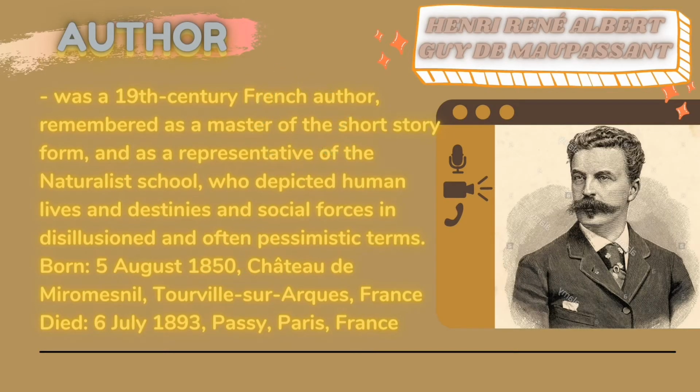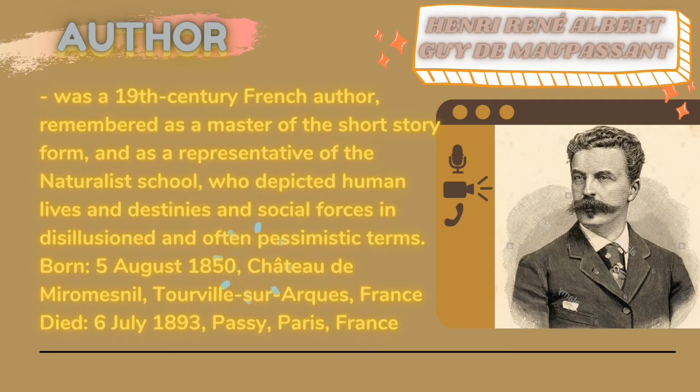Who is the author? The author of the story, Mother Sauvage, is Henri-René Albert Guy de Maupassant. He was a 19th century French author, remembered as a master of short story form, and as a representative of the naturalist school who depicted human lives and destinies and social forces in disillusioned and often pessimistic terms.